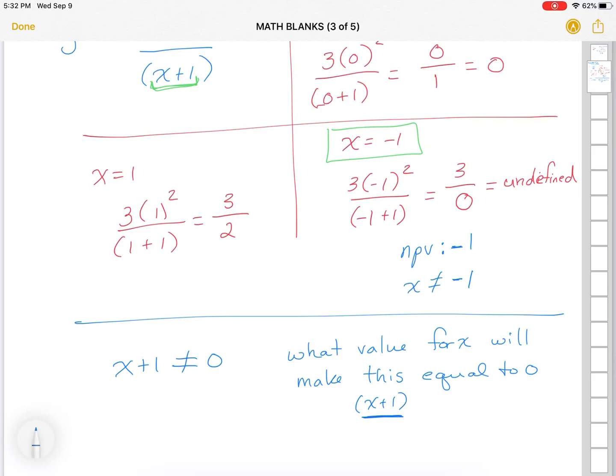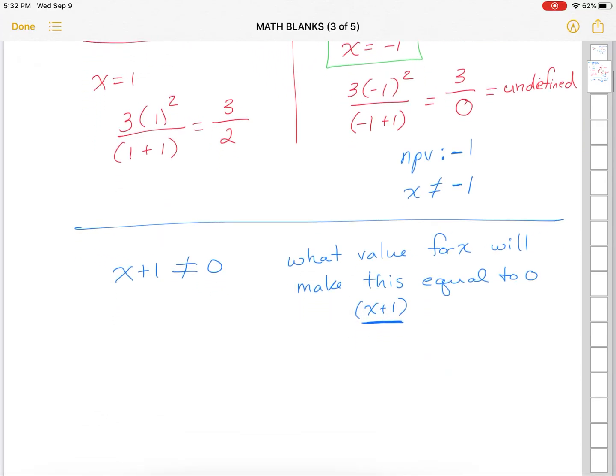Now, you can often look at that and say, oh, if x was negative 1, then negative 1 plus 1 equals 0, so I know that I can't use that. I like to set up equations because, particularly when you get to fractions, setting this up will help you solve. Now, how do we solve this equation? I'm solving this equation using my rules.